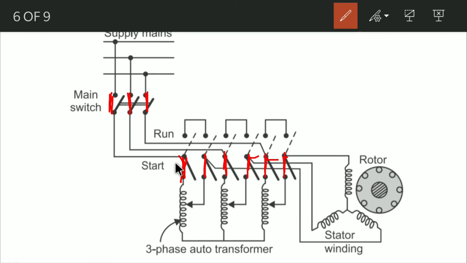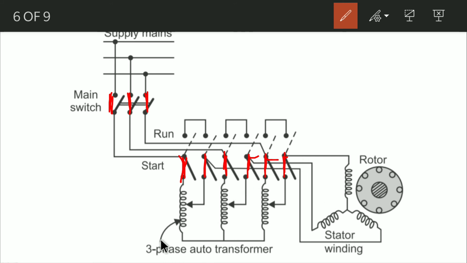Further, the ratio of primary current and secondary current is known as voltage transformation ratio, K. So the primary current is K times secondary current. So it is further reduced by K with the help of auto transformer. It is reduced by K by applying lower voltage to the stator windings. So in a nutshell, the current is reduced by multiplying K square to its ordinary value.